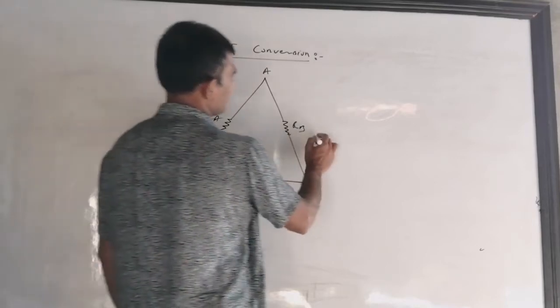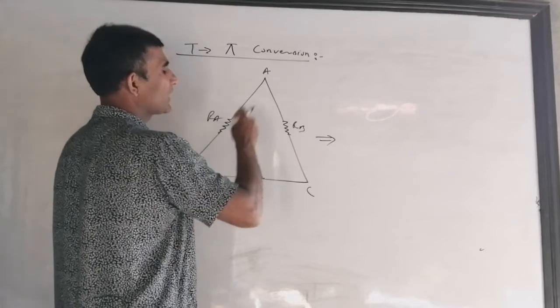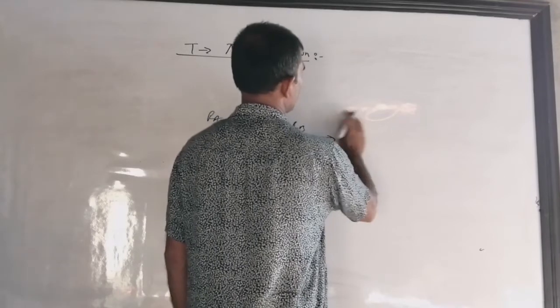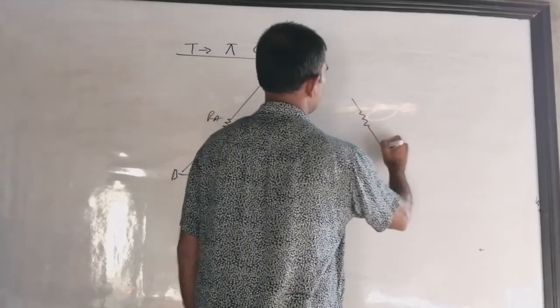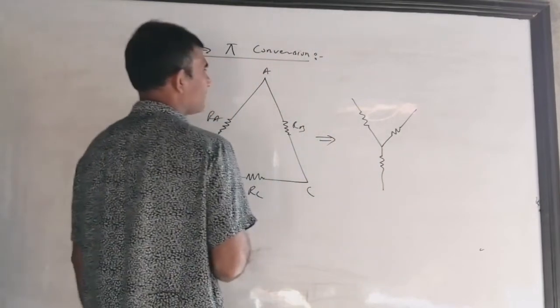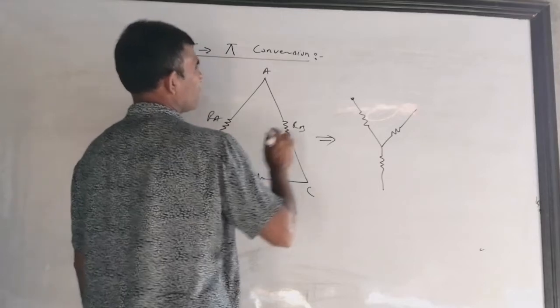Then you can change this type of combination of resistance. You can always change a triangle. You can always transform it into the English alphabet Y made of resistances. This will be very interesting and can solve your problem very easily.